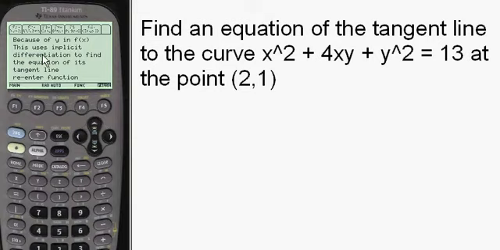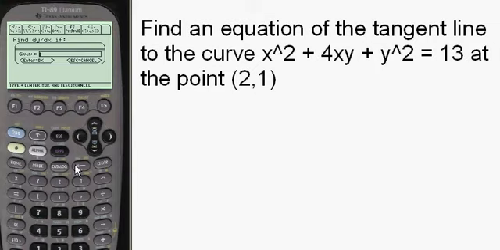Now, because of the y in the function, this uses implicit differentiation to find the equation of its tangent line. So we need to re-enter the function here. It's going to switch to the implicit differentiation program, and sorry, we're going to have to enter it again.